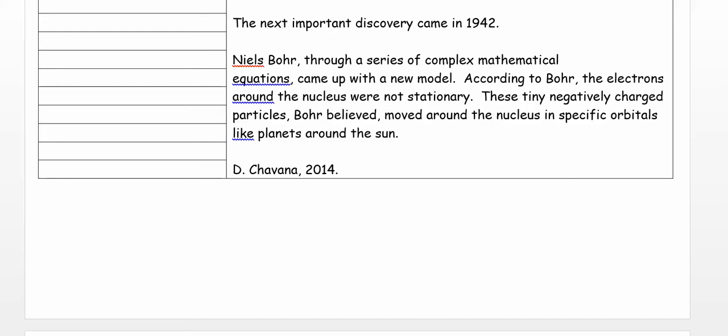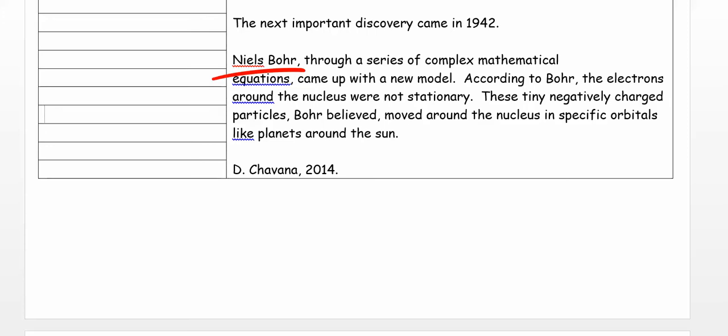So what we want to do now is take a look at the work of an individual in 1942 whose name was Niels Bohr. Now, Bohr was a very important part of the development of the atom because he looked at the atom from a mathematical point of view. And through a series of complex mathematical equations, he comes up with a new model.